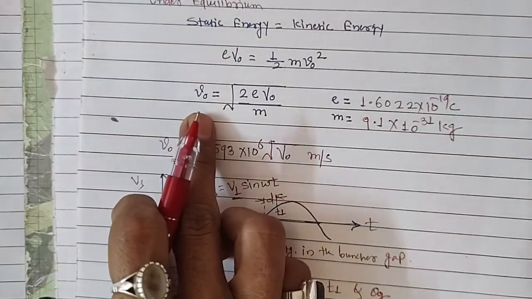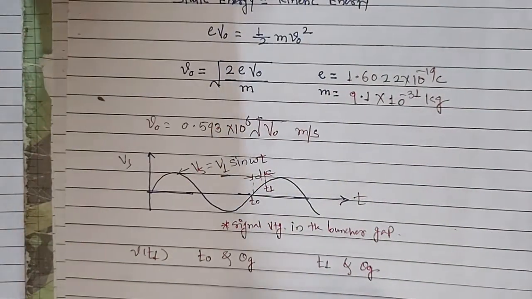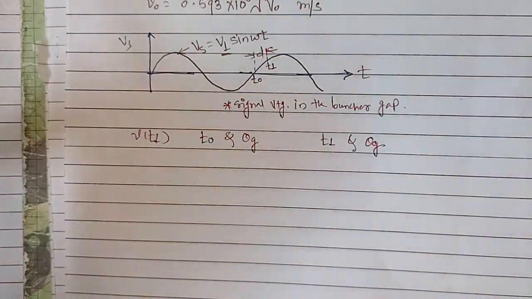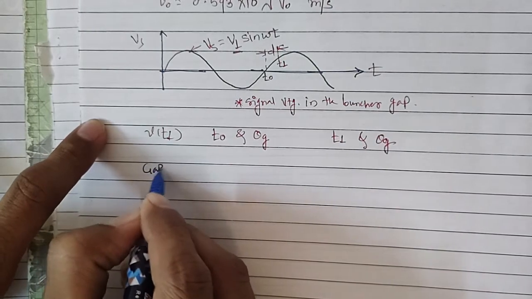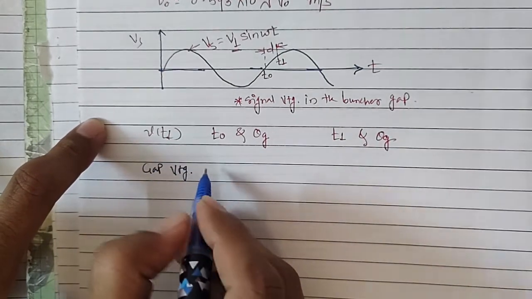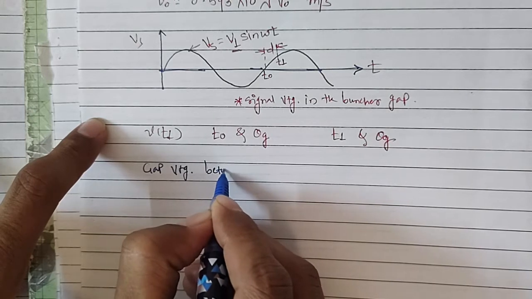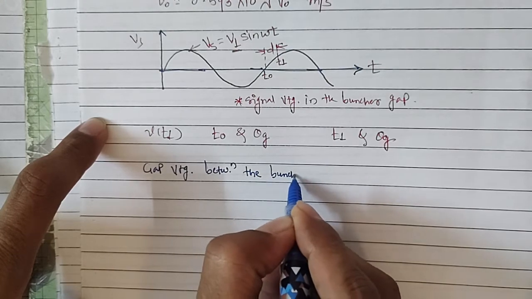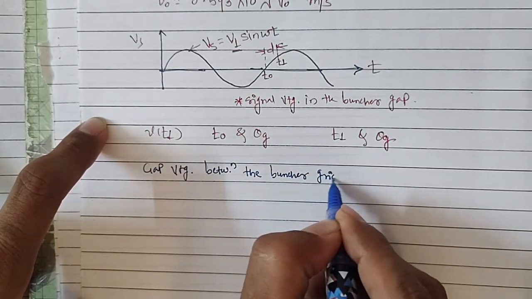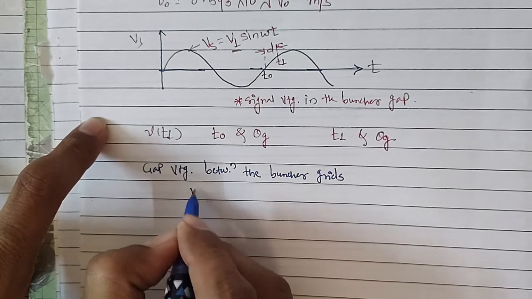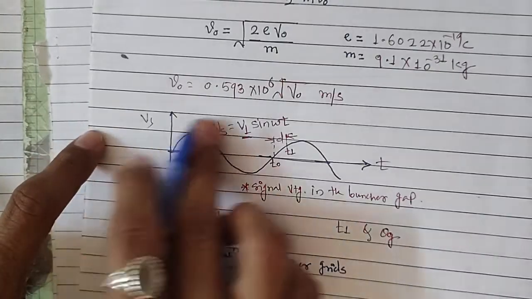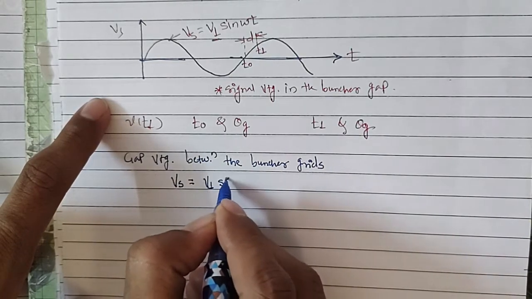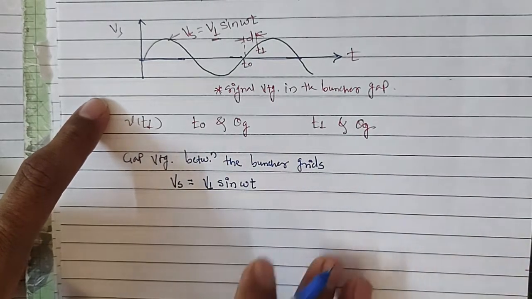So first we have written for V0. Now write for the average microwave signal present in the buncher gap. Before that, what is the gap voltage? Gap voltage between the buncher grids. That voltage we have just drawn, which is Vs equal to V1 sine omega t.